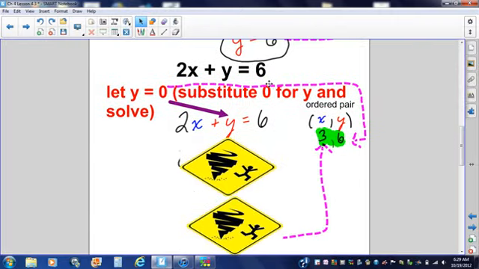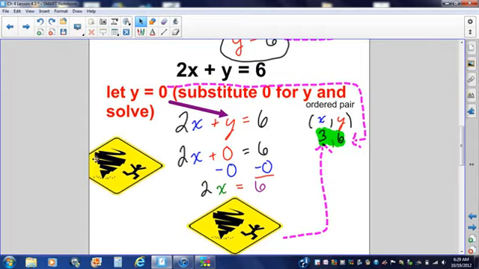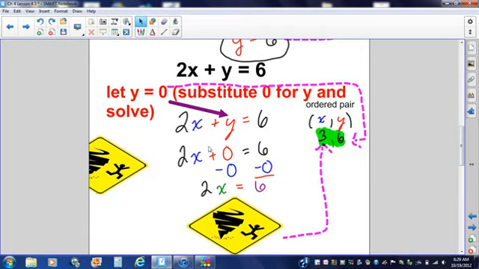Again, since I'm graphing using intercepts, I will not rewrite the equation and pretend that y is a tornado. I will simply put in 0 for y. So I have 2x plus 0 equals 6. Subtract 0 from both sides, combine like terms. 2x equals 6.